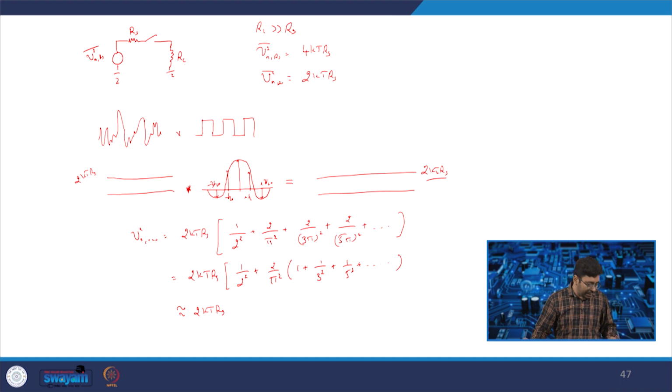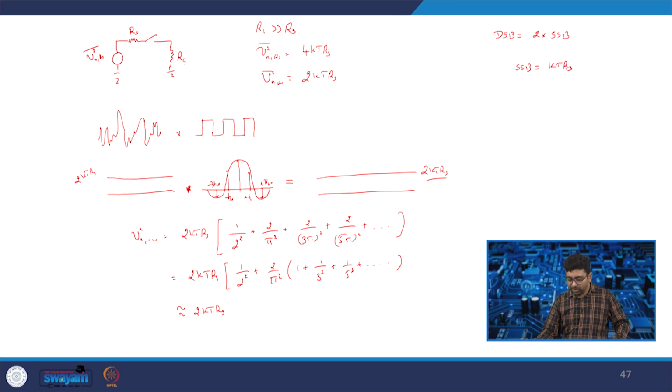So, single sideband version. If we consider this a single sideband noise, and if we consider the double sideband, we already have discussed that the double sideband is 2 times of, so we can consider the single sideband noise as kT RS.